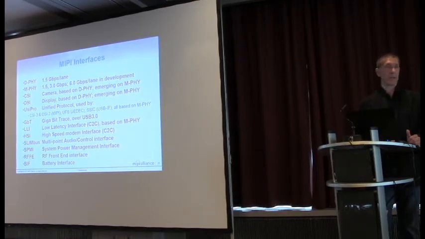Camera and display are in the process of migrating from D-PHY to M-PHY. Unipro is now broadly used within the emerging CSI-3, DSI-2, as well as within JEDEC and USB-IF. So USB 3 is initially emerging.